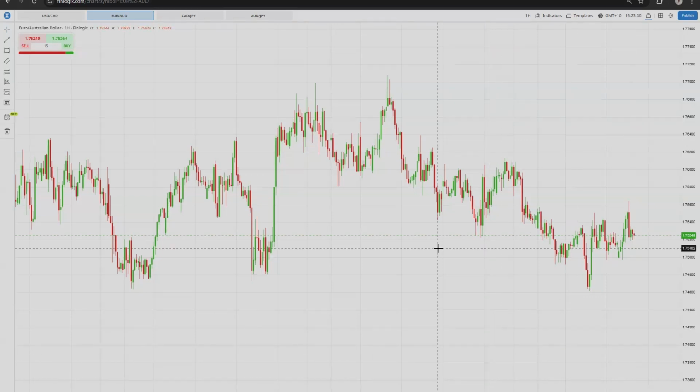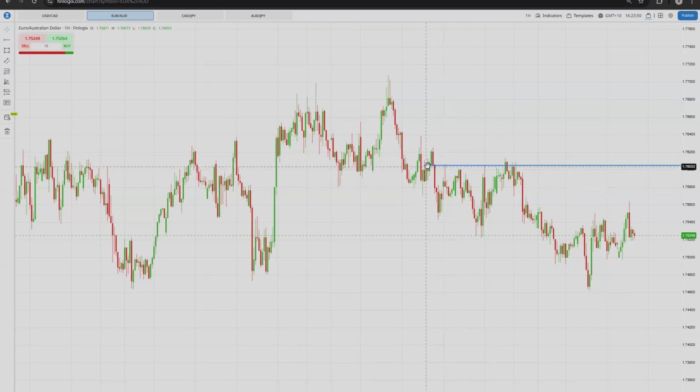What time was it? It's 4 p.m., so 4 p.m. was somewhere around here. Yeah, so that was a take profit trade. We hit take profit on that one. This one was here. I think we took it somewhere around this blue line, and then the take profit was at 175.